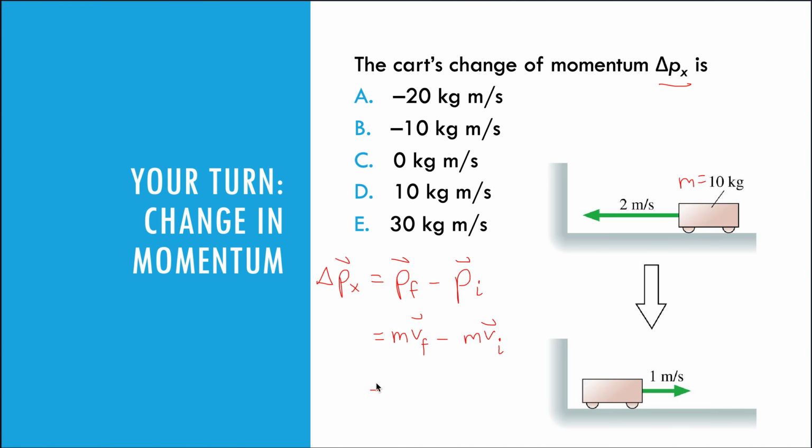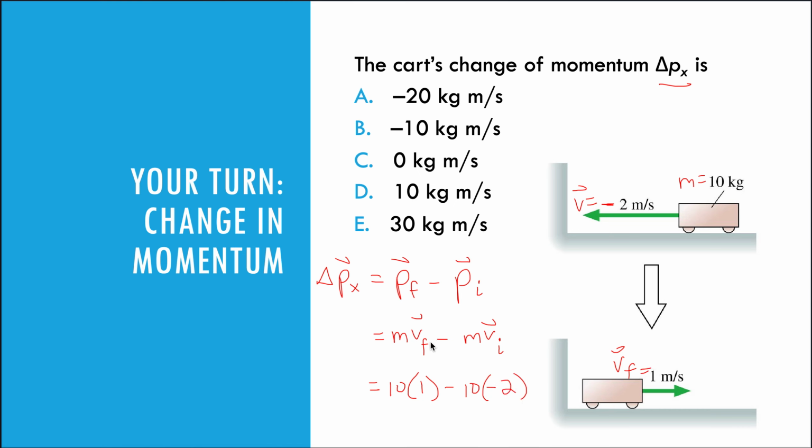So what you should write down here is that the final velocity is 1 meter per second, and then the mass is 10 kilograms, but for the initial velocity, don't put 2 here or you're going to get the wrong answer. Because it's going to the left, we have to say that the velocity is -2, right? The speed was 2, but the velocity was -2 meters per second. It has to have a direction opposite of our final velocity.